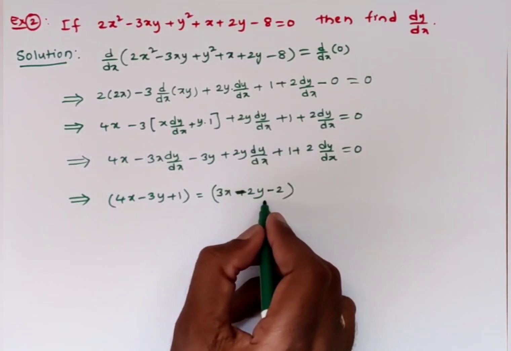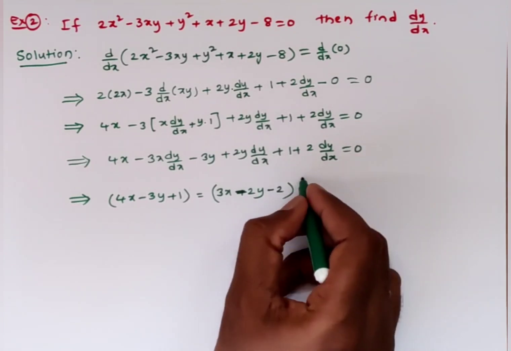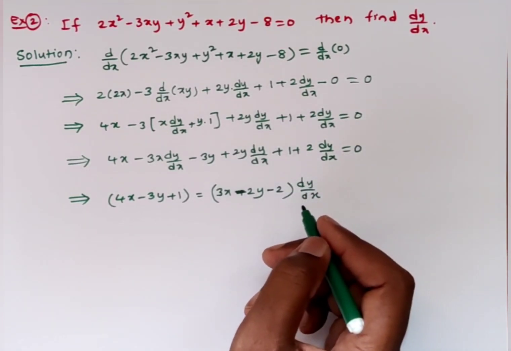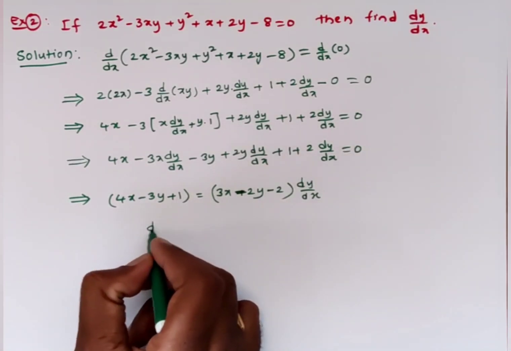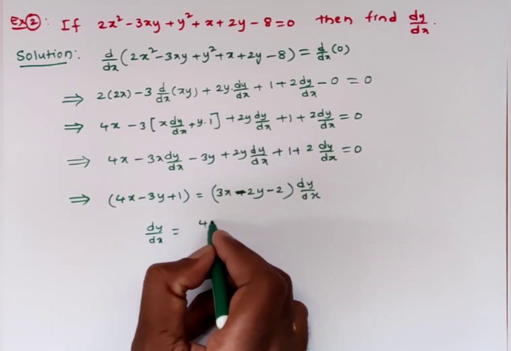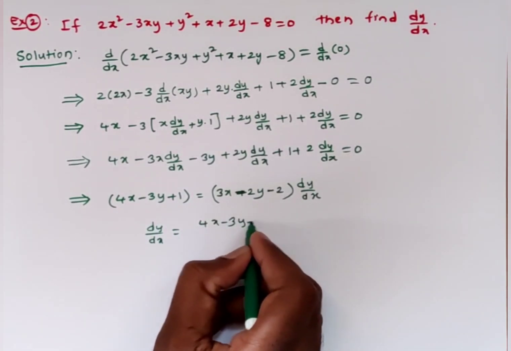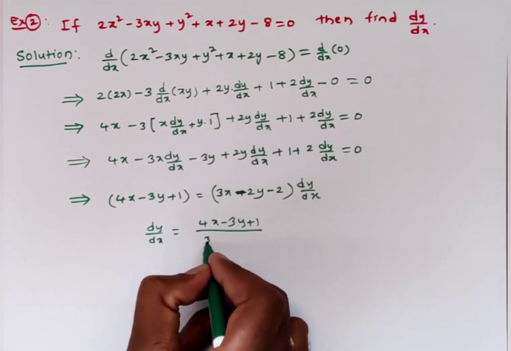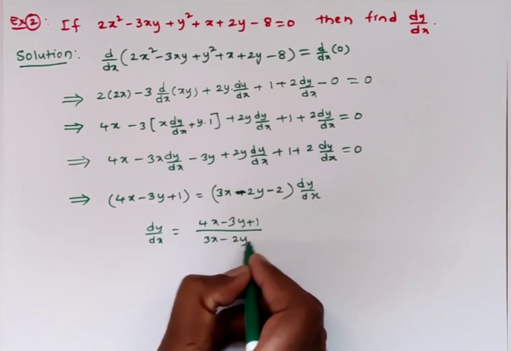So 3x minus 2y minus 2 into dy by dx. Now finally dy by dx equals 4x minus 3y plus 1 divided by 3x minus 2y minus 2.